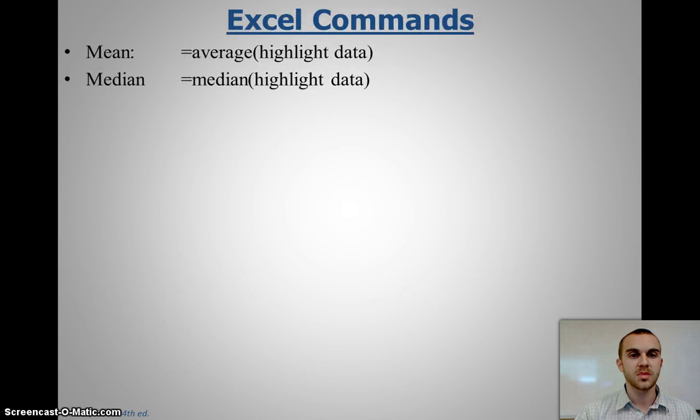our mode is $35,000. Now we can use Excel to help us with the mean and the median. What we would do is we use these two formulas. For mean, we use equals AVERAGE, and then we highlight all the data entries. And then for median, we do equals MEDIAN and highlight all the data entries, and it'll shoot out the values for us.